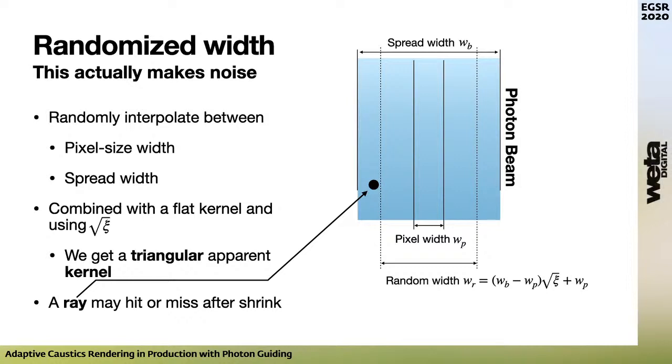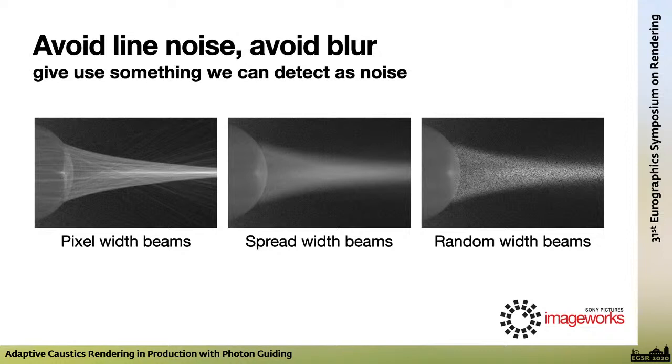But you may ask, why go through all this trouble? Why can't you just use a pixel size width, like we do with surfaces? Well, we don't do that because it looks awful. If you look at these pictures, the one on the left is rendered using pixel size width. You see that laser beam line artifact thing is horrible, and it takes a long time to go away.